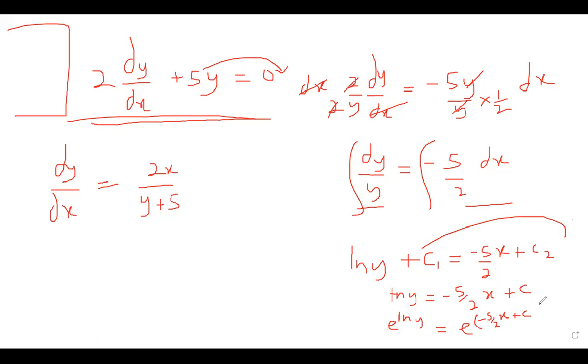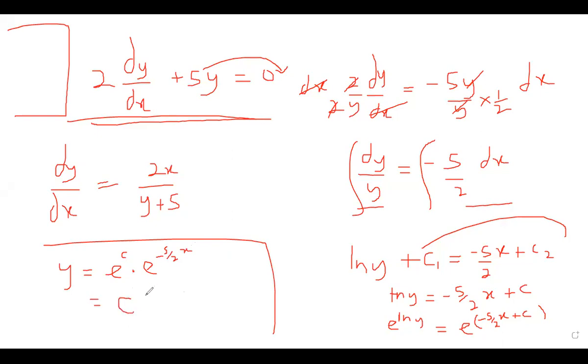And once again, by indices, this gives us y is equal to e raised to the power c times e raised to the power minus 5 over 2 x. And e raised to the power constant is still a constant.